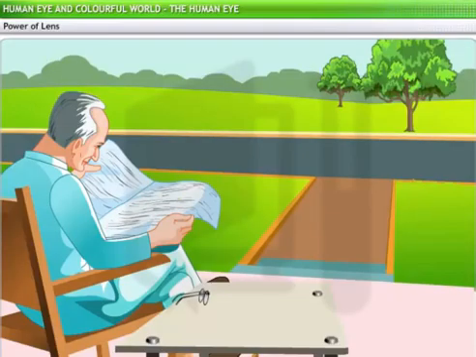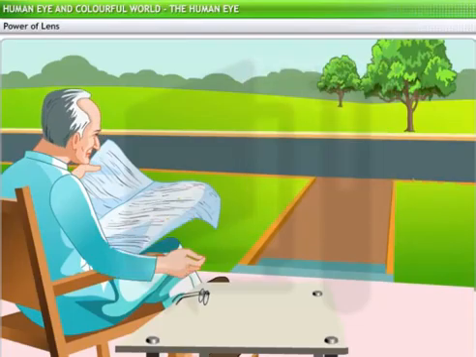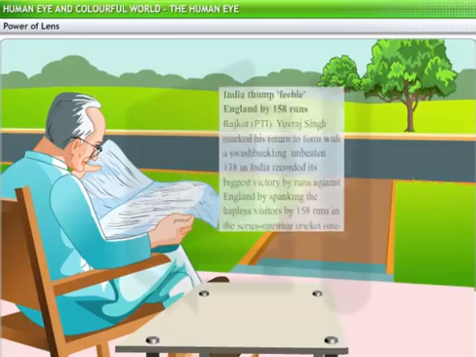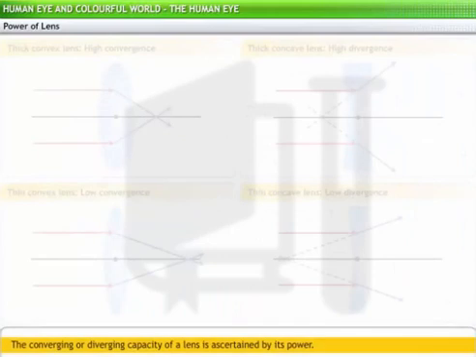As we mentioned earlier, defects of vision can be corrected using proper converging or diverging lens or a bifocal. So, exactly how thin or thick does a lens need to be? This depends on the power of the lens required, that is, the converging or diverging capacity required. The converging or diverging capacity depends on its focal length.